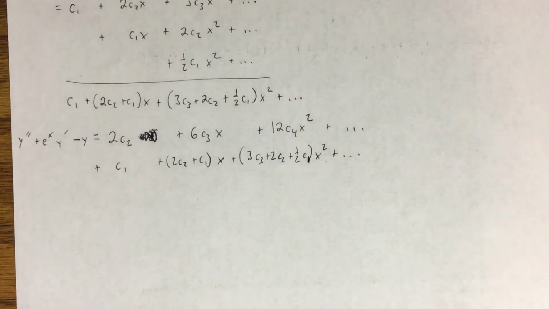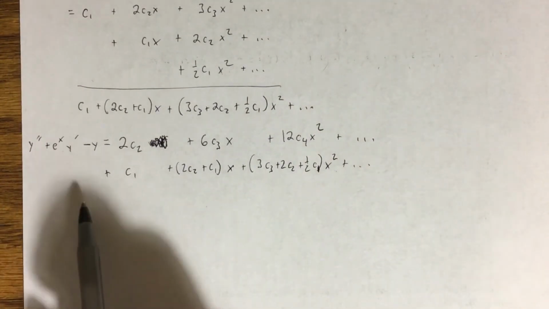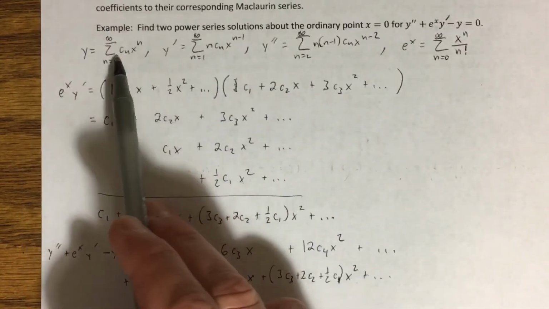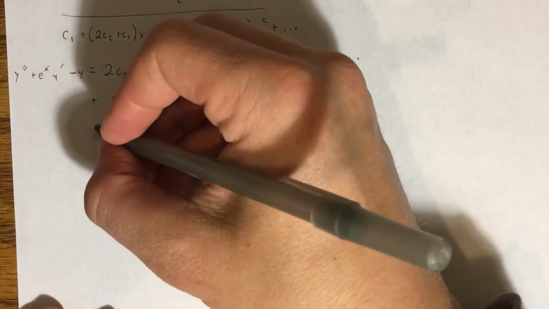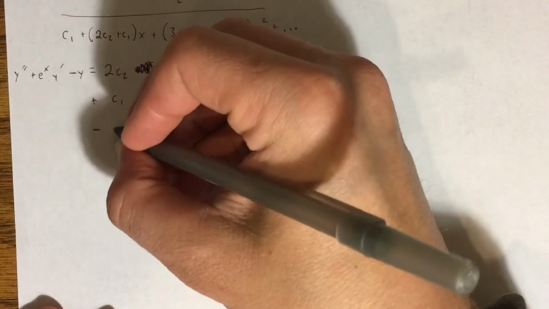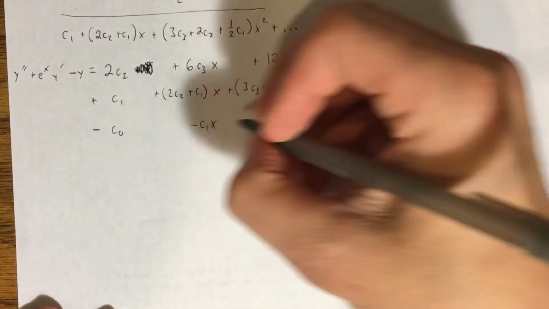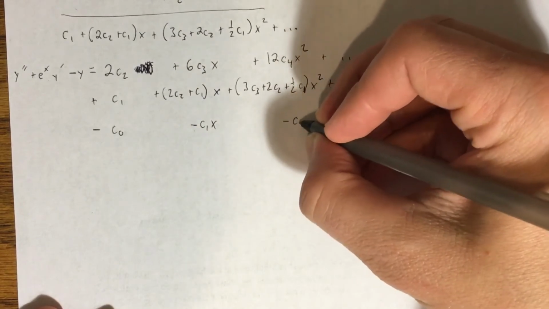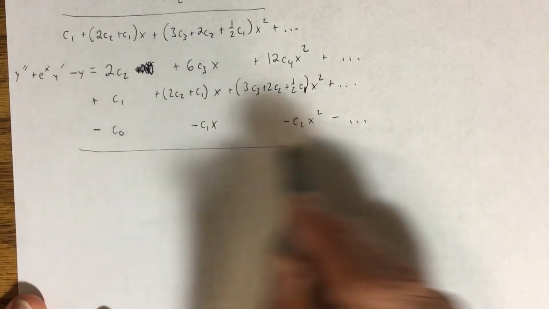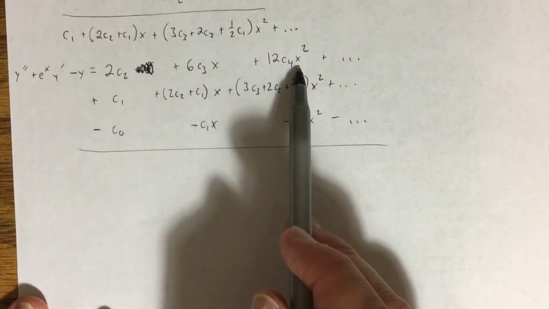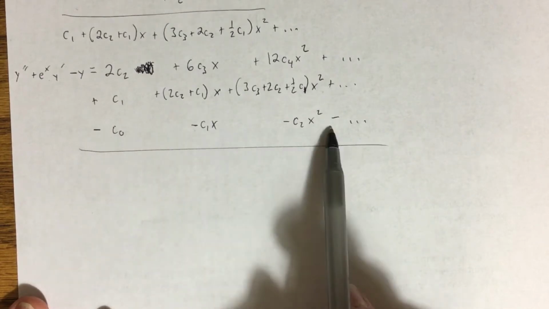Okay, that was this middle term right here, and then minus y. So y was this original power series that we came up with in the first place, and it's being subtracted, so these will all be minuses down here. Minus c0 minus c1x minus c2x squared minus dot dot dot. Okay, so again, that's y double prime, that's e to the x y prime, and this is minus y.